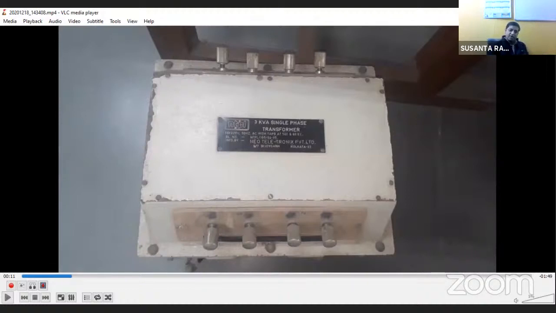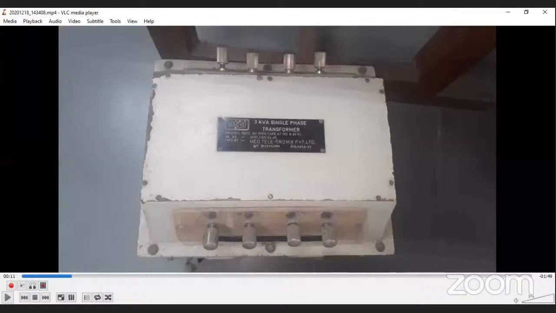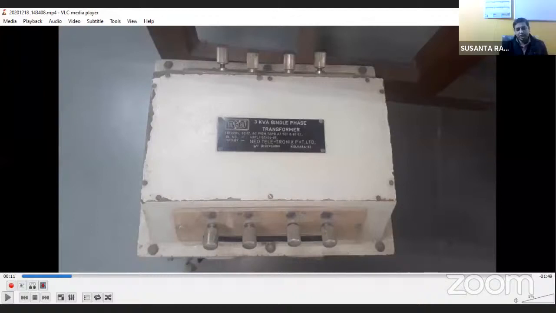For that, what is the general procedure? Always we have to start with the continuity test. That also I think you have performed during the earlier experiments with this transformer, isn't it? Continuity test means you take a multimeter, select the resistance measurement mode, and connect the 2 leads of the multimeter with 2 terminals.